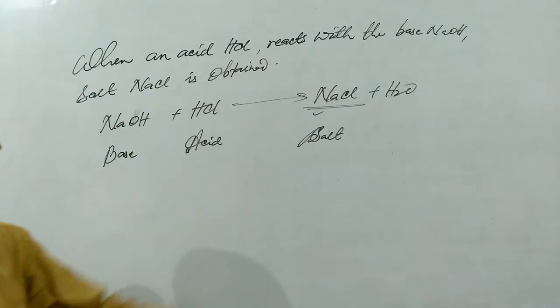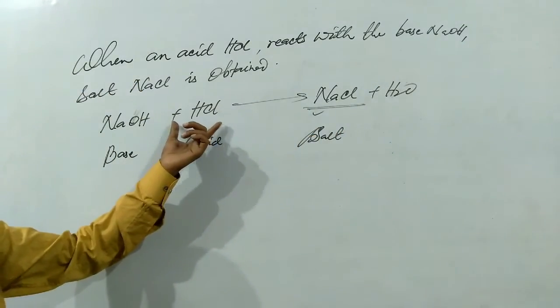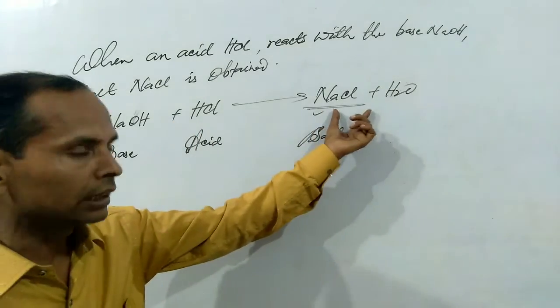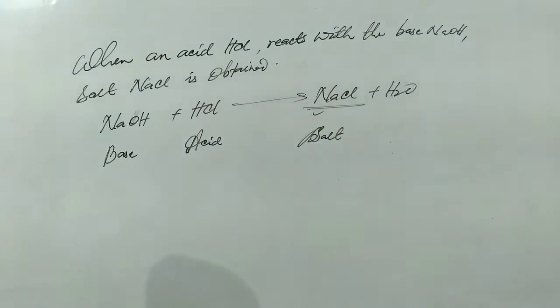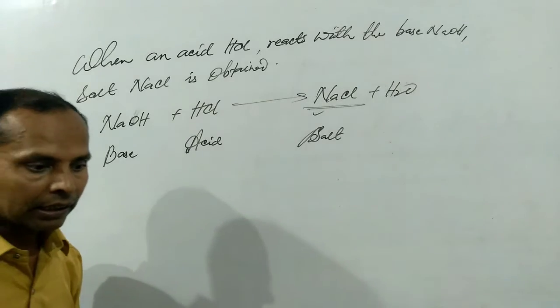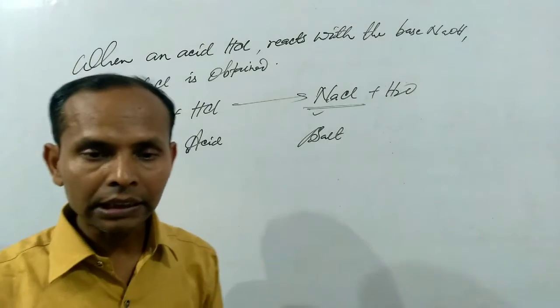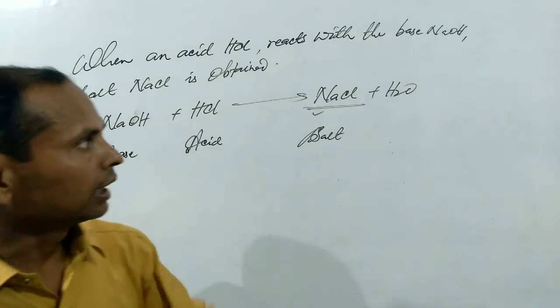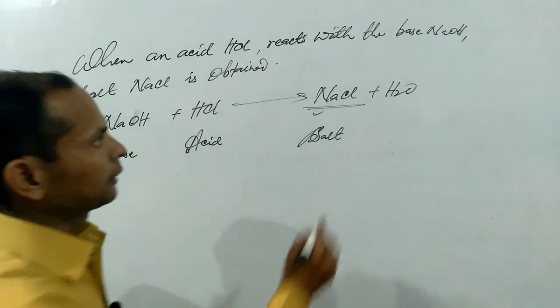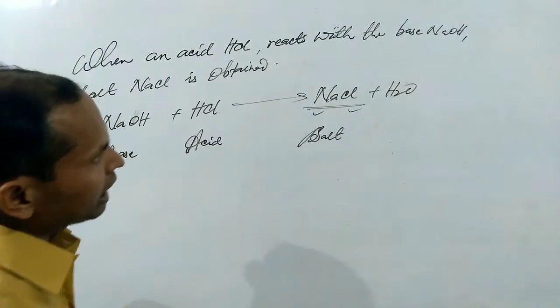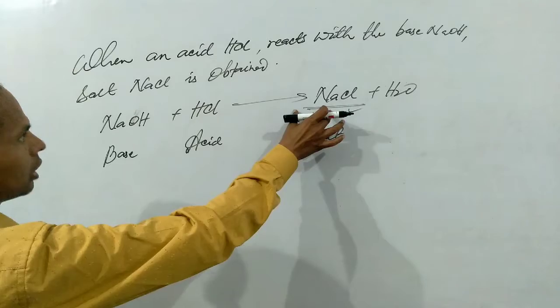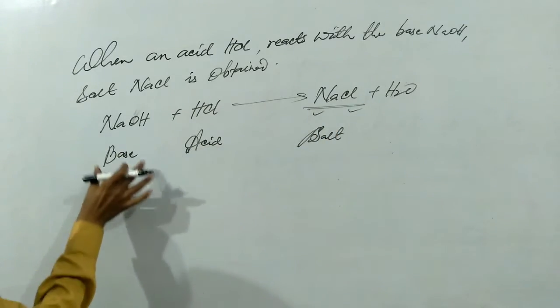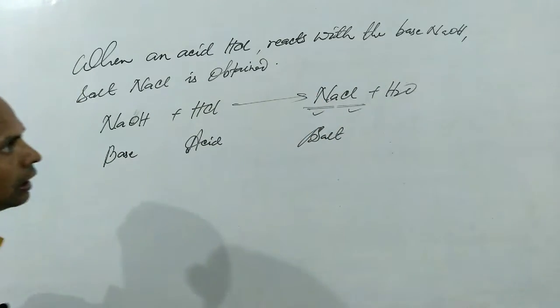Similarly, the chloride radical is obtained from an acid, so it is an acidic radical. In this way, we can say that a basic radical is obtained from a base and an acidic radical is obtained from an acid. In this example, it is clear that in the sodium chloride molecule, the sodium radical is obtained from the base NaOH, so it is a basic radical.